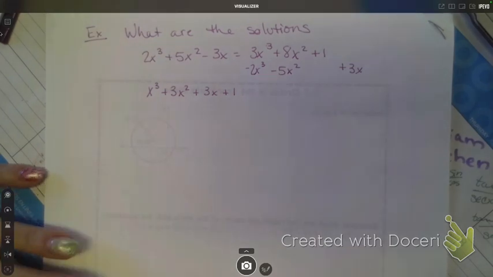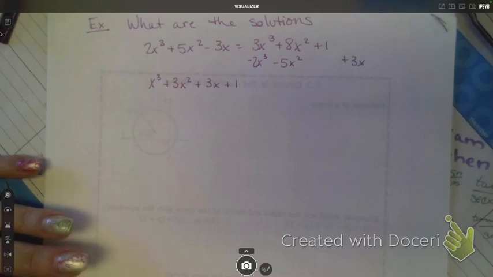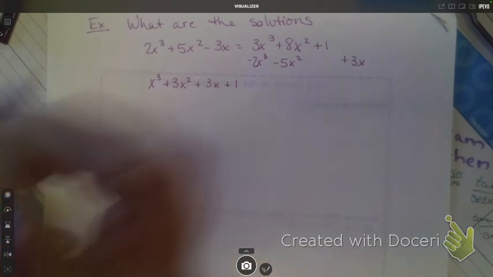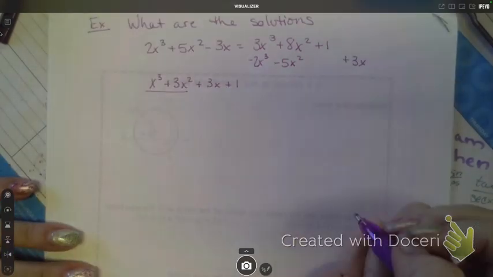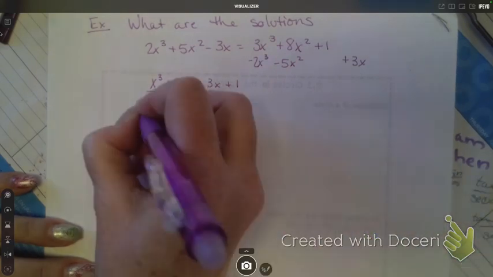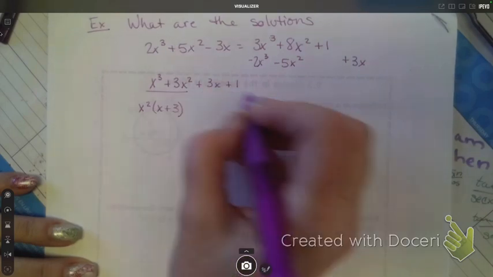Well, we have another method, we can factor by grouping. We've done that before. We have 4 terms, that's what grouping is. What do they have in common? x squared. What about these?